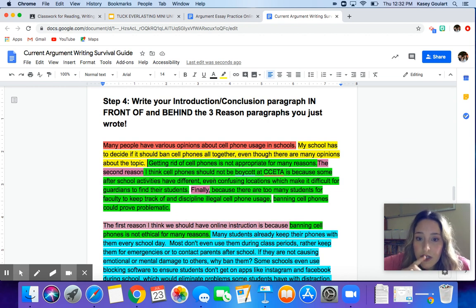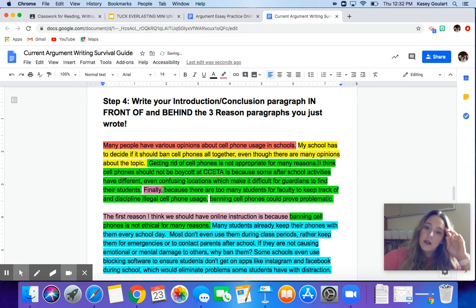Next sentence. Getting rid of cell phones is not appropriate for many reasons. It's a good compound or regular sentence. The second reason I think cell phones, I don't need a transition for that. Let's say I think cell phones should not be boycotted.